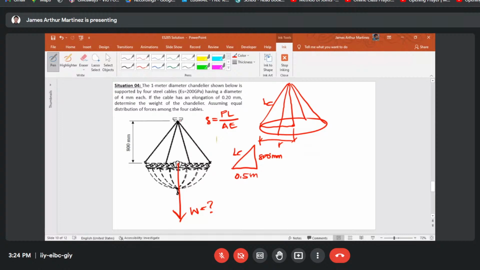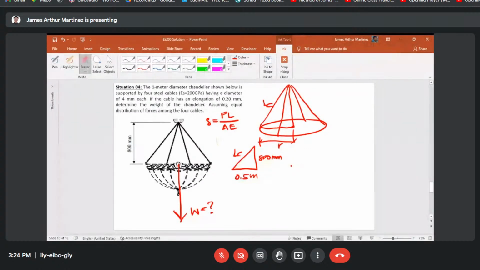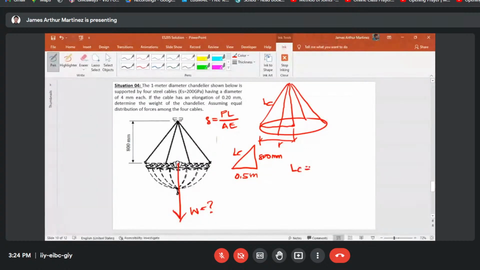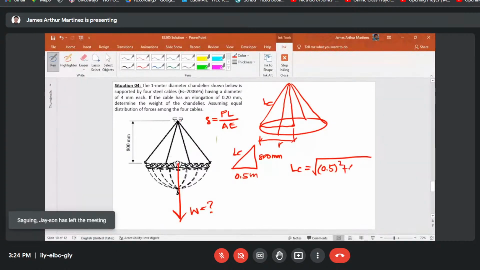To compute for the total or original length of your cable, LC, apply the Pythagorean theorem, since it is a right triangle. So, square root of 0.5 squared plus 0.8 squared.